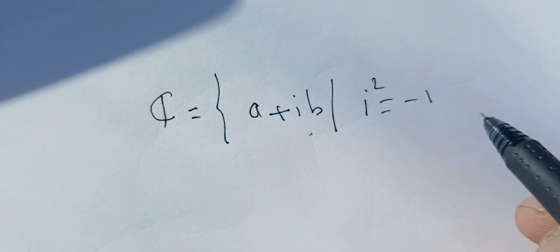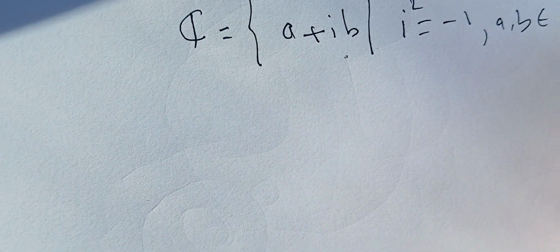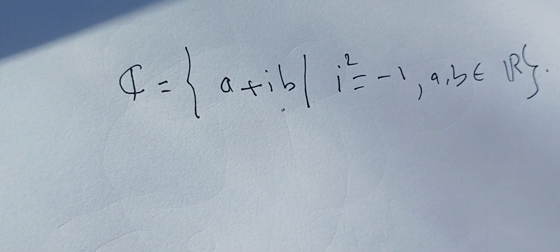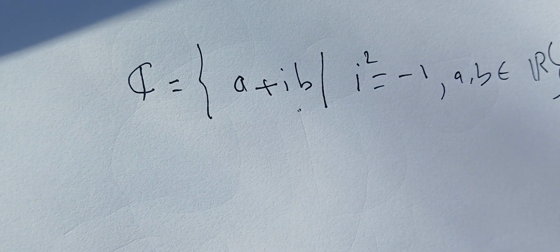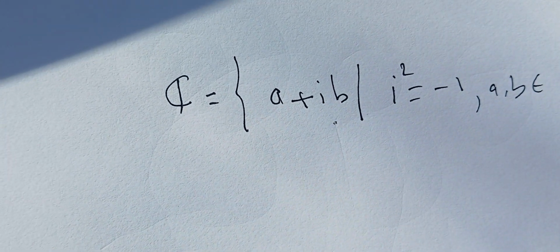It's the set of those numbers that can be written as a plus ib with i squared equal to -1 and a, b reals. Okay, so this is the set of complex numbers. In general, any number that belongs to this set can be written in this form.